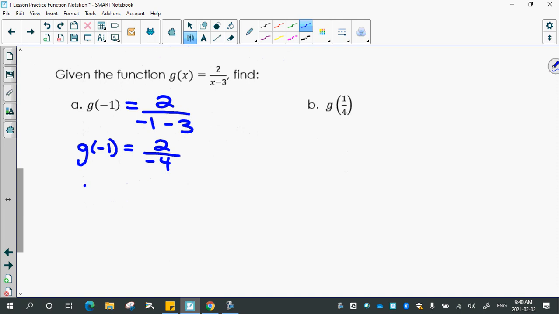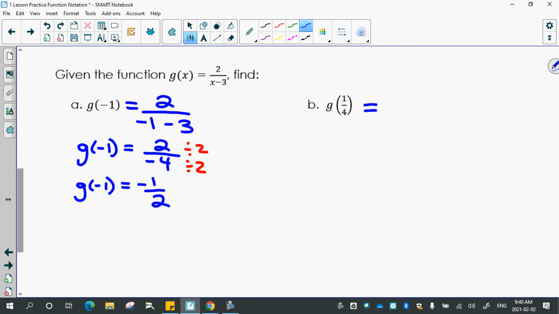So in this case, if I divide top and bottom by 2, I get -1/2. And the negative can go with the bottom, out front, or with the top. I always put it with the top. Okay, so that one is fairly straightforward. Now we're going to ramp it up a bit.